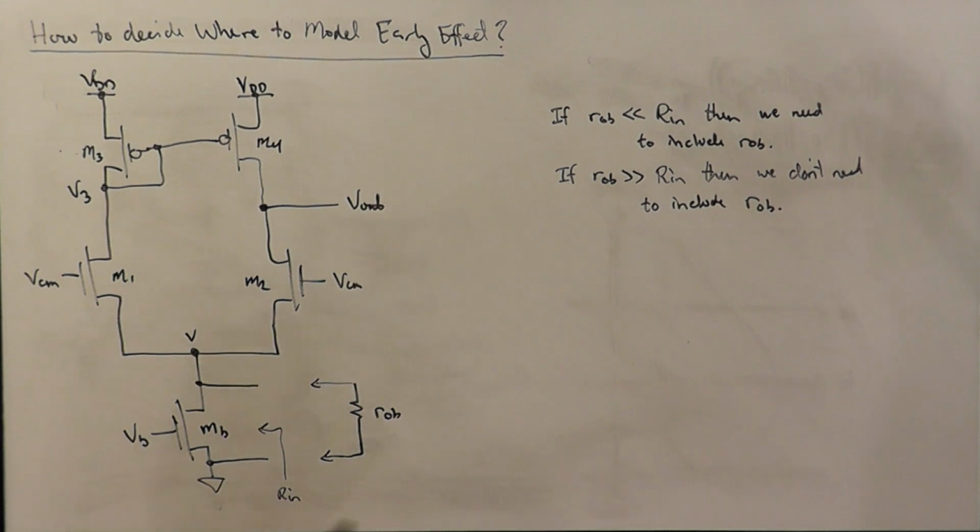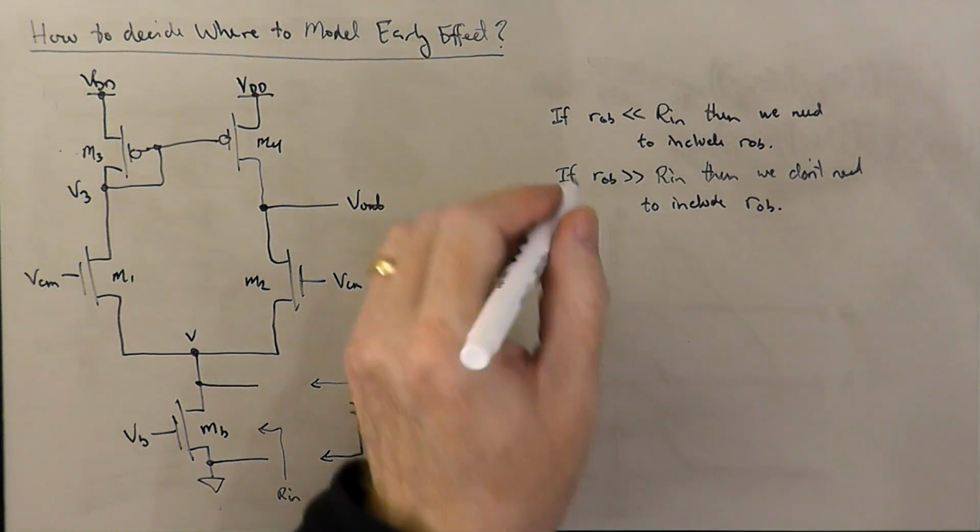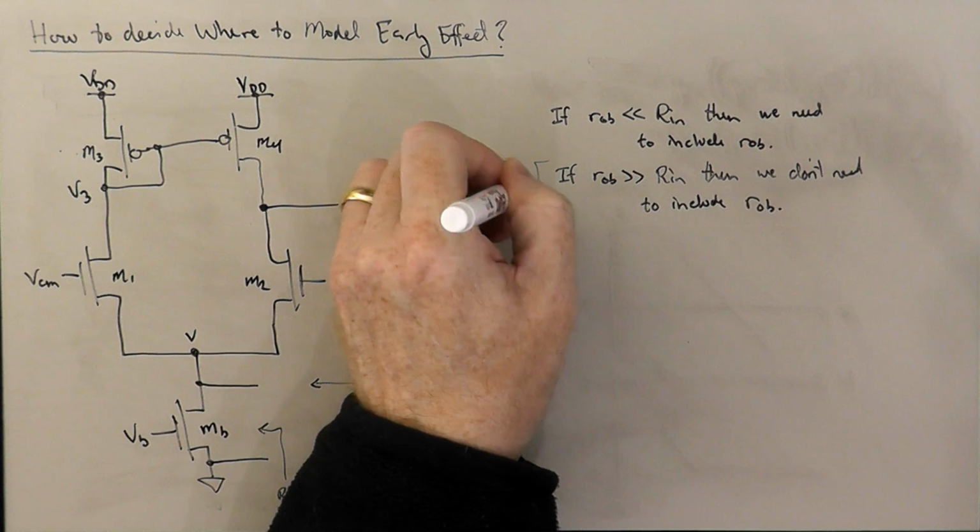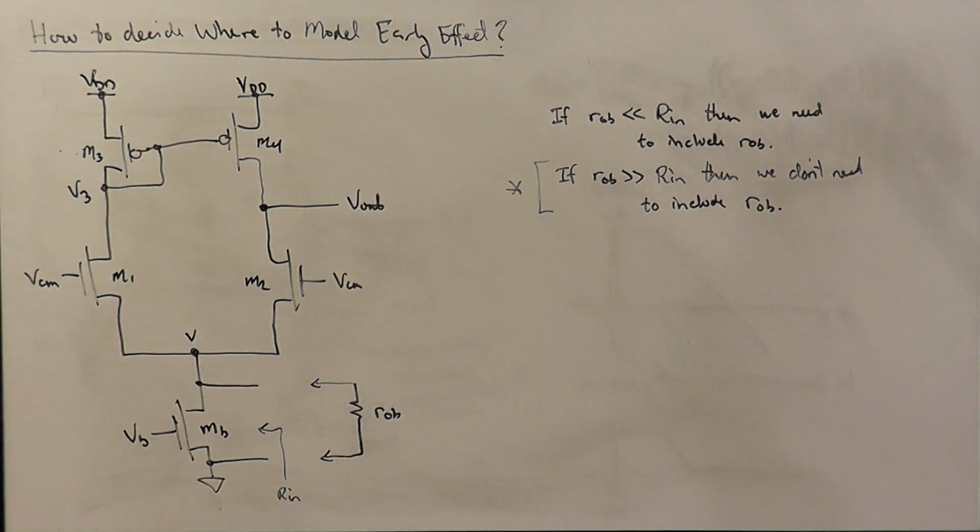Now if they're on a par with each other, if they're about equal to each other, then you should include the ROB. But if you have this condition, then it's probably safe to neglect the ROB in a given location.